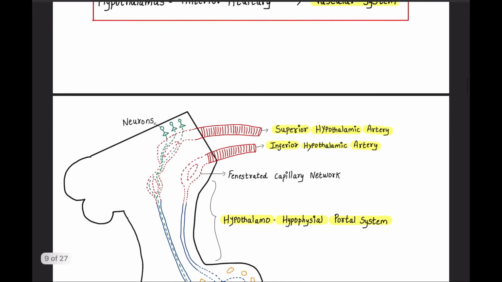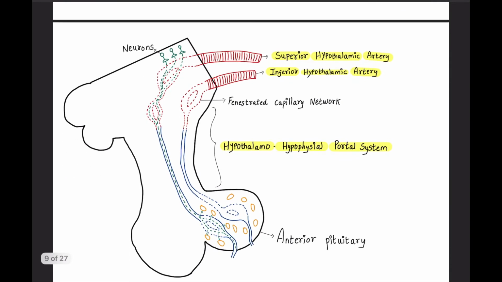So why do I say this? Because near your hypothalamus you have two arteries, the superior hypothalamic artery and the inferior hypothalamic artery, and these arteries enter the hypothalamus and form a fenestrated capillary network.